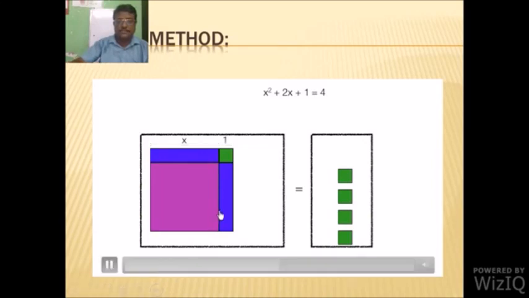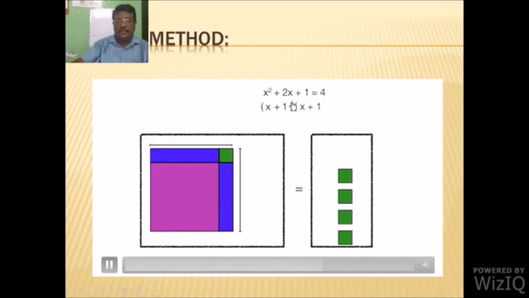Now the length of this side is also x plus 1. So both the sides will be x plus 1. You can write it as the product of x plus 1 into x plus 1. So x plus 1 bracket x plus 1 equal to 4. The index of the first term is 1, the second term is also 1.